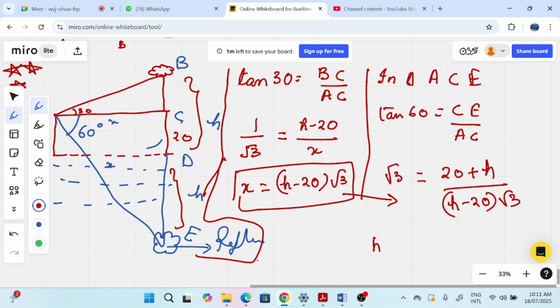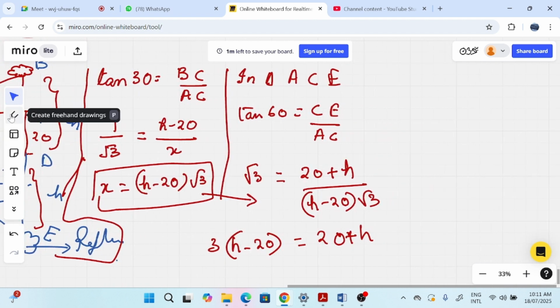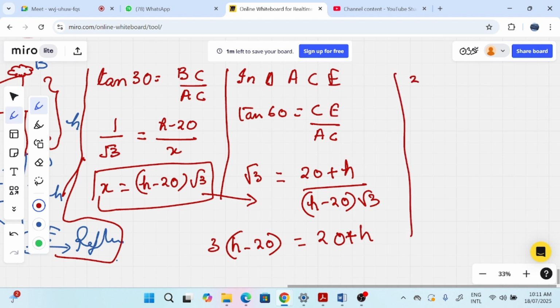H minus 20 into root 3 equals 20 plus H. Open the bracket, so 3H minus 60 is equal to 20 plus H. So 2H equal to 80. See, H is equal to 40.